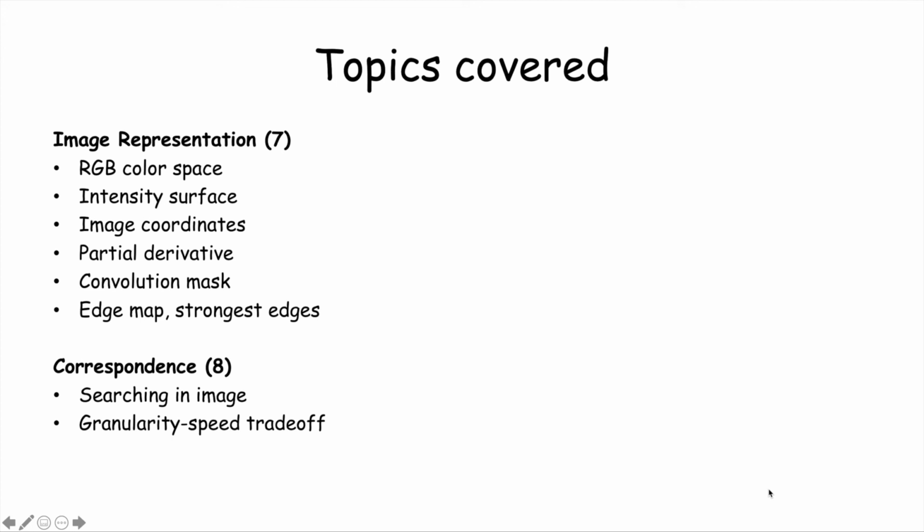Correspondence, we looked at searching in correspondence with that scene for the turrets, and we showed the query image and the target image, and we discussed the trade-off between granularity and speed.